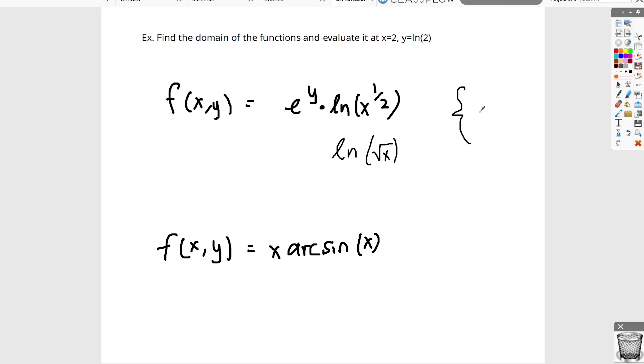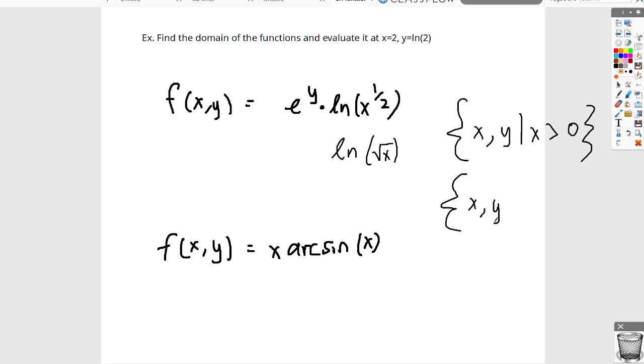So what you actually get is x and y such that x and y are all real numbers, but x has to be greater than 0, and I think that's it, right? And if you want it more clear, x and y both belong to the set of the real numbers, such that x is greater than 0.